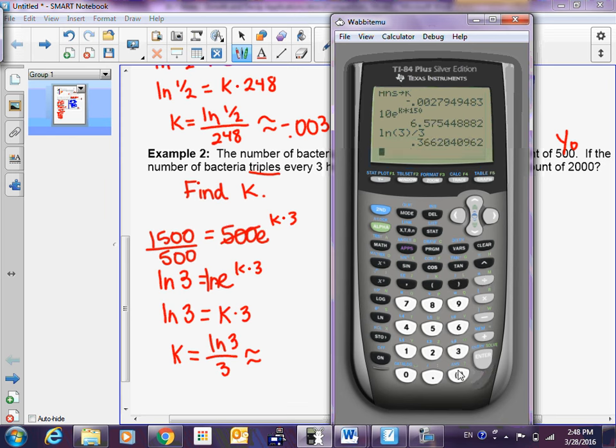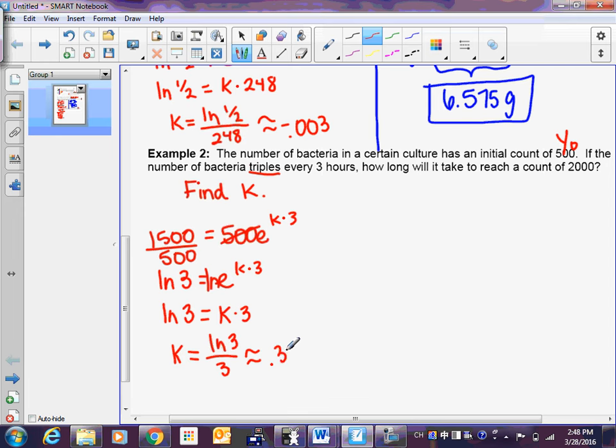We get that decimal, and then immediately I want to store it into alpha k. You can store it into any letter you want. I just like using k because it's the same every time. So 0.366, but I'm not going to use 0.366. I'm going to use the more accurate decimal stored in the calculator. Okay, that's the first part.